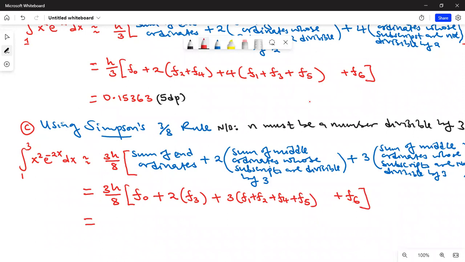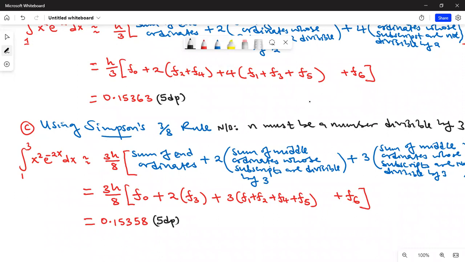Then the functional values from f0 all the way up to f6, you can refer to your table. Press everything in your calculator, you need to get 0.15358. Again, this is correct to 5 decimal places, 5 dp.